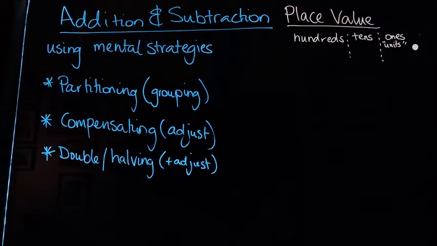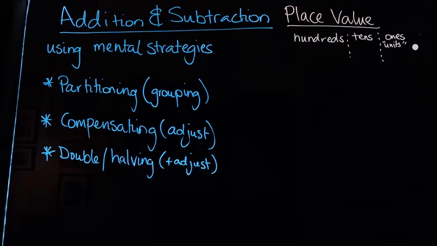So in the process of our daily lives, adding and subtracting numbers, we're probably doing different strategies that we're going to put a label on, like partitioning, compensating. We might be getting the answer by doubling and halving. Now we're behind the light board, and I've just set this up with the mental strategies that we're going to use.